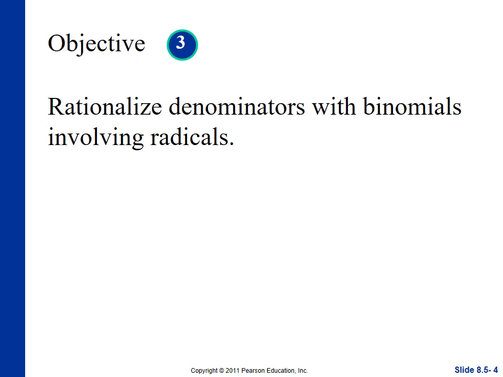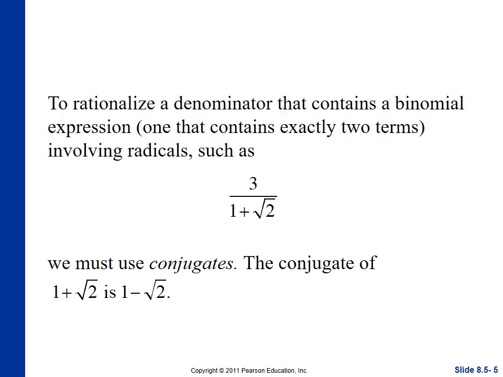Okay, let's start talking about rationalizing denominators with binomials involving radicals. To rationalize a denominator that contains a binomial expression, one that contains exactly 2 terms involving radicals, such as 3 over 1 plus the square root of 2, we use a conjugate.